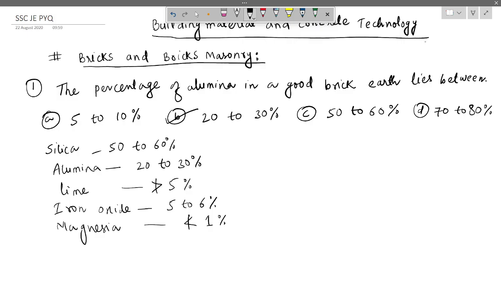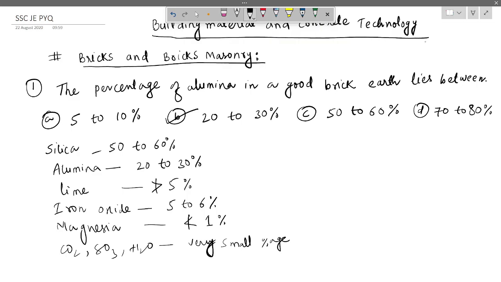And some other ingredients, carbon dioxide, SO3, H2O, K2O etc., will be present in very small, negligible percentages in the brick.